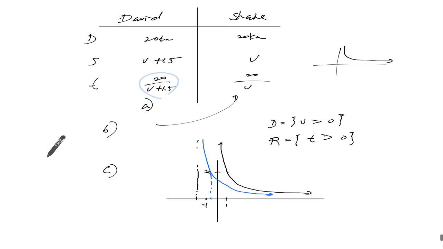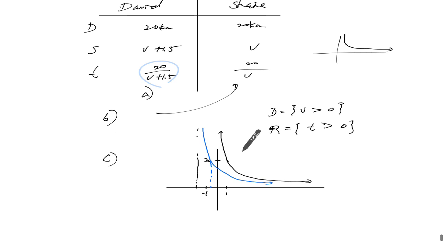Okay. So what would be true about Shane's time? This is Shane right here. If it took David 45 minutes to complete the race, so that's 3/4 of an hour, equal to 20 over v plus 1.5.